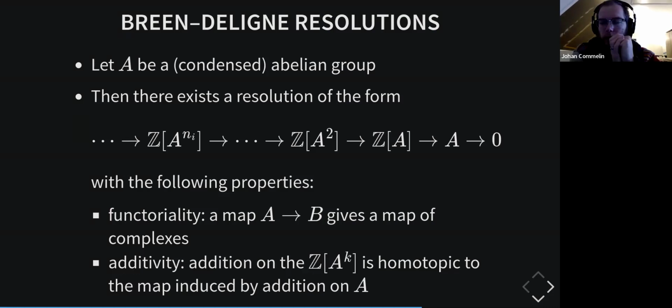It's not an additive functor. So we have two ways of getting an addition on these complexes. And so the claim is that they'll never be the same, but in this case, they will be homotopic. So if you would map into the derived category, then they would become the same. Okay.